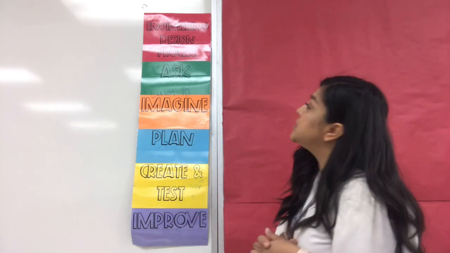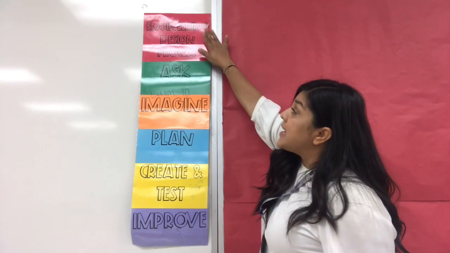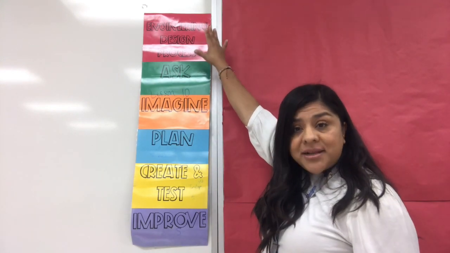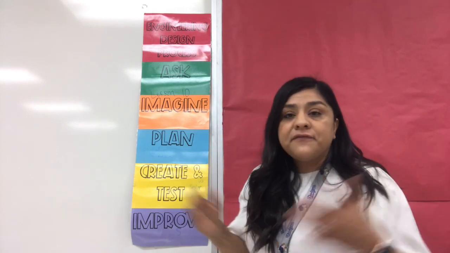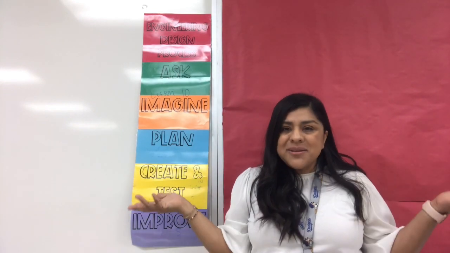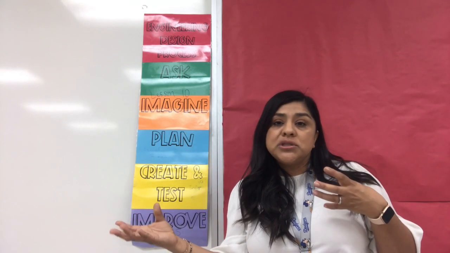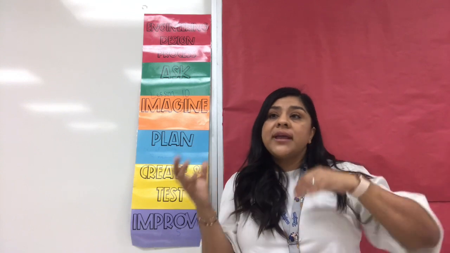So the first thing an engineer does, they go through these steps. They go through the engineering design process. The first thing they do is they ask themselves, what is the problem? What are some of the consequences? What are some of the solutions? What do I have? What can I make?